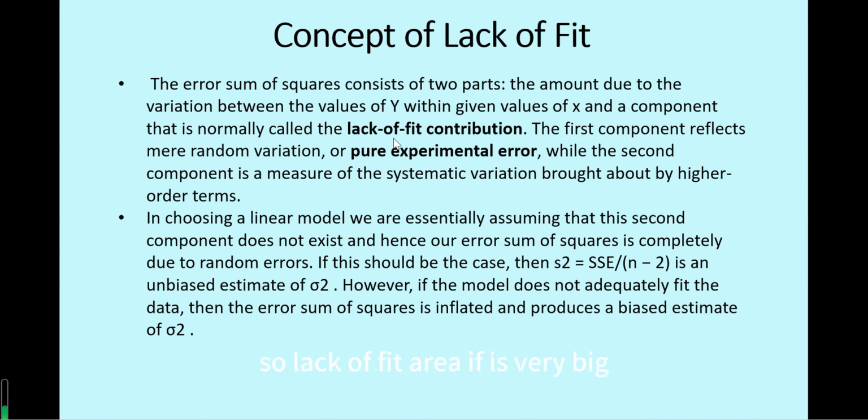If the lack of fit error is very big, the model is not appropriate. So we hope the lack of fit error is as small as possible, and that most of the errors come from pure experimental error. And this pure experimental error, we have used repeated observations to test.